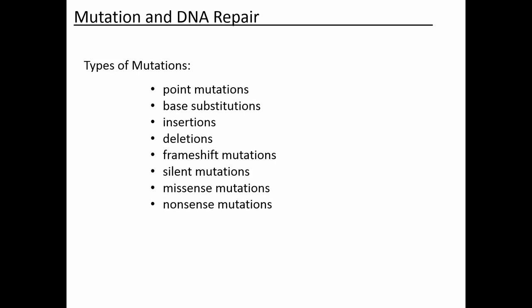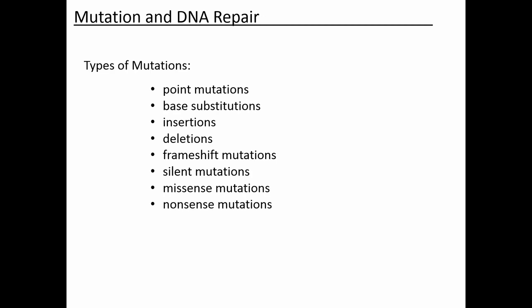It's easier just to draw out the mRNA sequence to explain a frameshift mutation, but remember that the sequence of nucleotides in DNA determines the sequence of nucleotides in the mRNA molecule. So let's say that this is your mRNA molecule. When we talked about translation, we said that you start at the start codon, which tells you where to start translating.